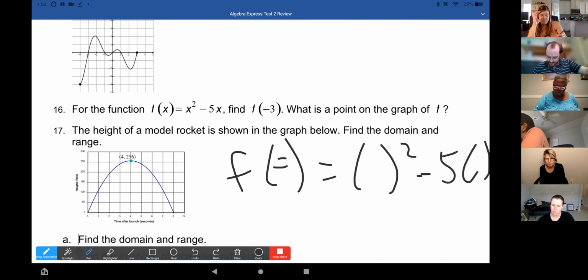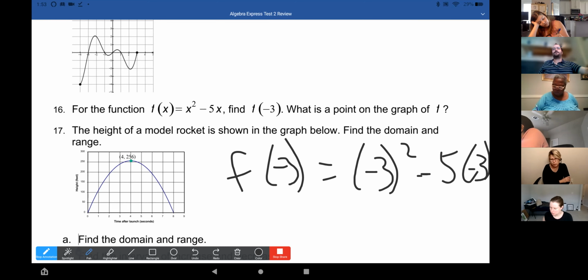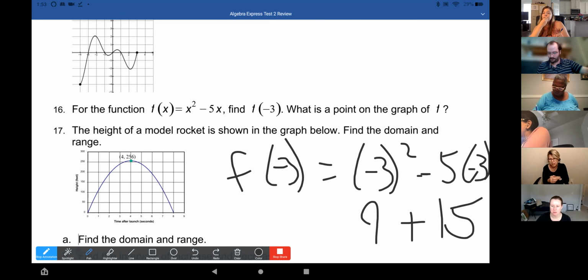So we're plugging in a minus 3. How many spots does that get plugged into? The minus 3 squared is going to be 9, and then 15 on the other side. It's 9 minus 15. I think the trick is that people usually don't plug it into both spots; there are 2 different spots you're plugging that number into.